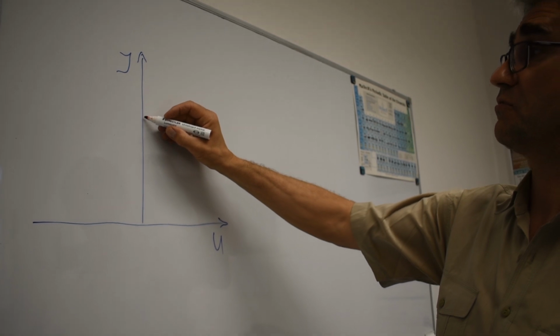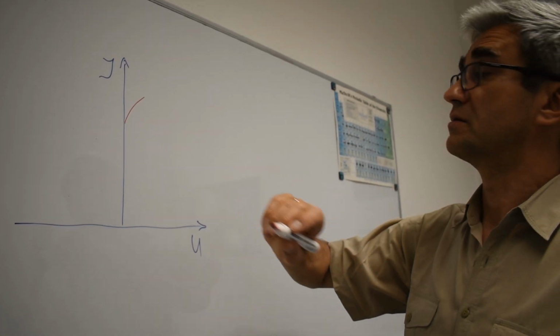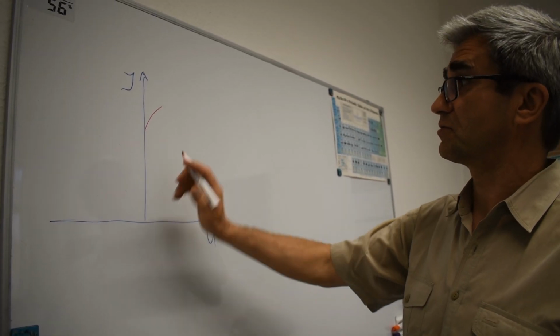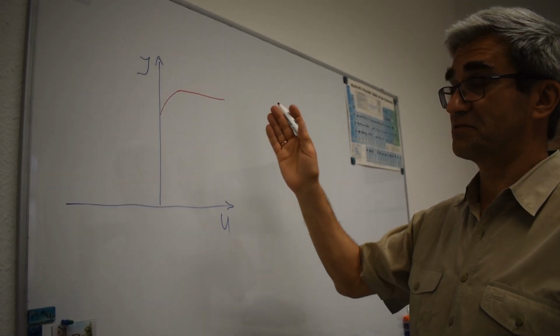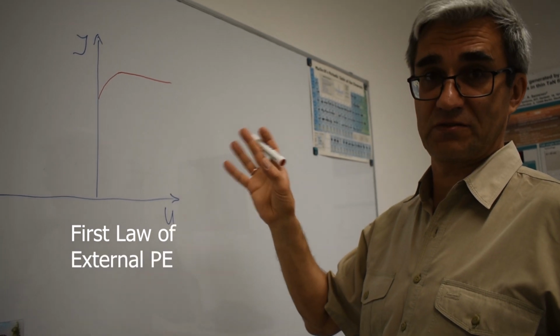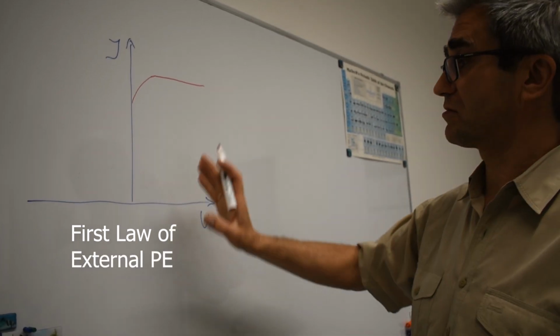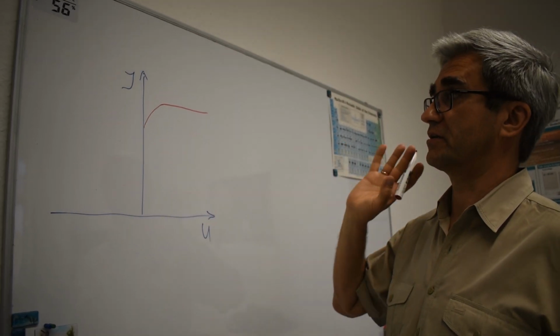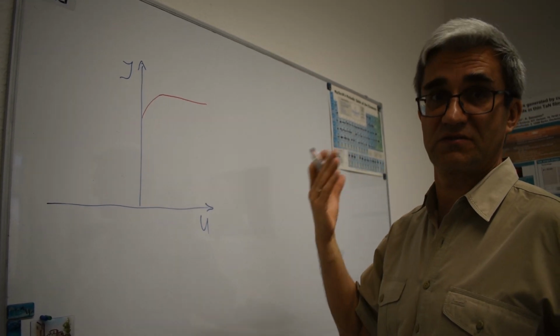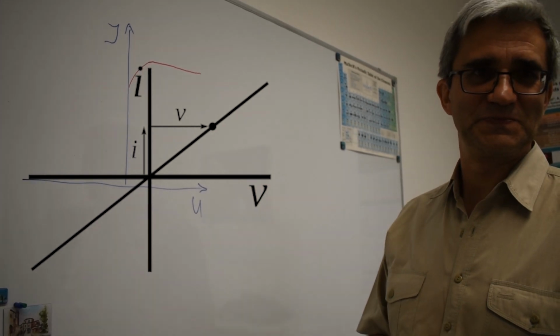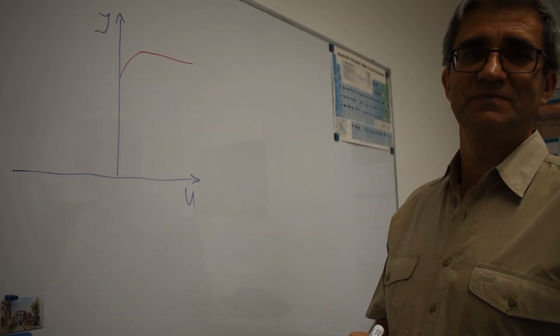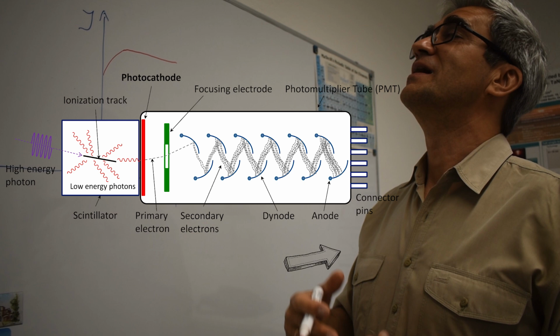It will start from a certain value, then after increasing the voltage up to a certain value, the current will saturate. This is actually the first law of the external photoelectric effect. After a certain critical voltage, the current will saturate and will not increase further. This is in contrast to, for example, Ohm's law. Right, okay. And the current saturates because all the electrons will have made their way over to the anode.